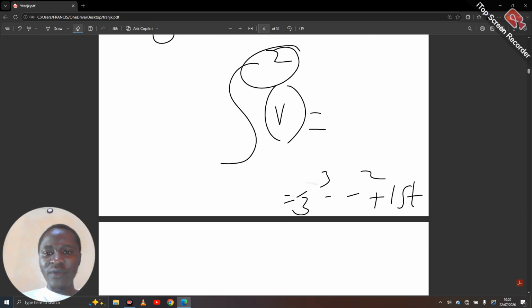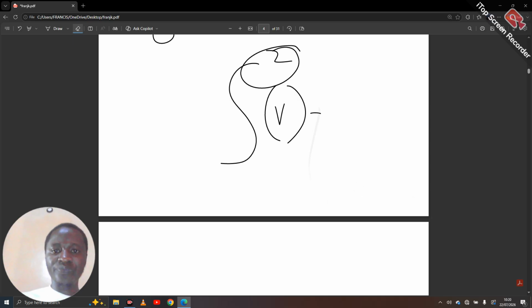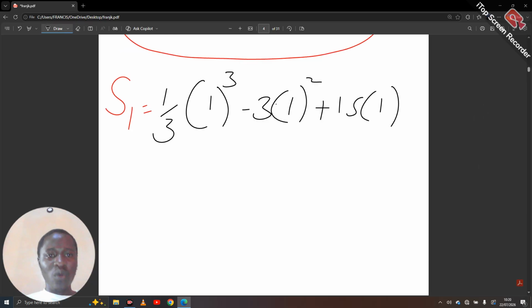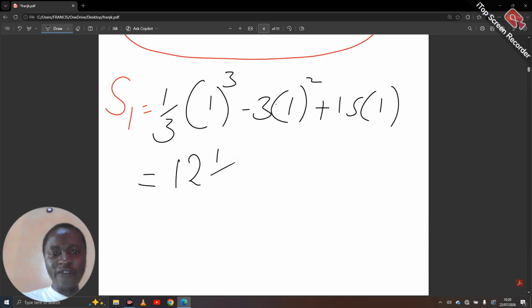Let me wrap this. So we have S1. Having this in my calculator, step by step, I'll get 12 and a third. 12 and a third. And remember, this is the displacement.